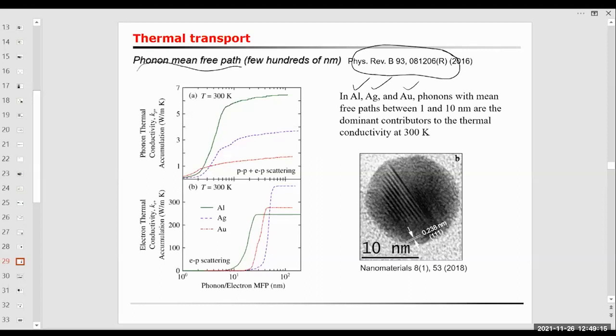So first, find out the phonon mean free path in copper oxide. That is the fundamental parameter. You will get some number, let us say 20 nanometers.